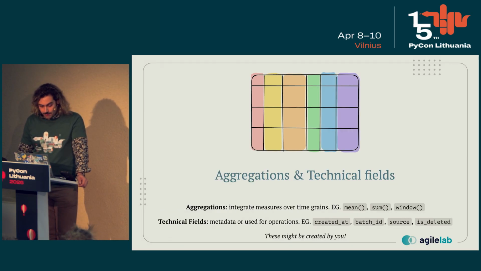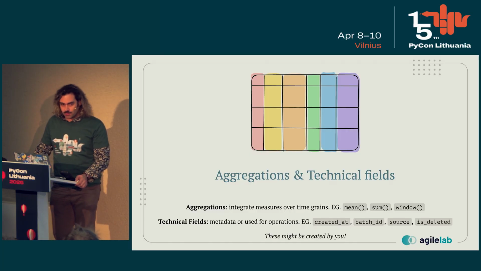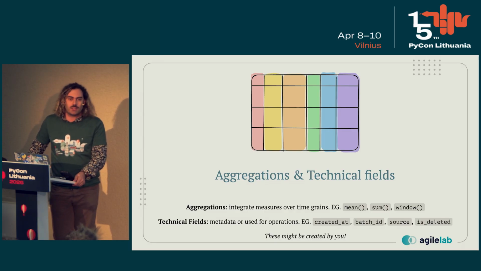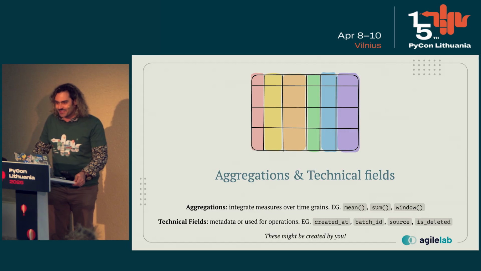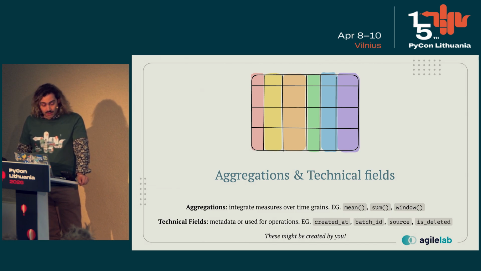And this is the thing: measures and time granularities get aggregated together. So they are joint. The mathematical operations are going to be performed on them. You might average them, sum them, perform moving averages, moving sums.